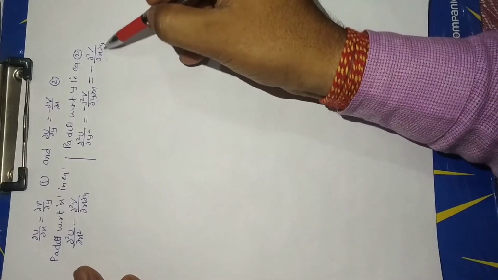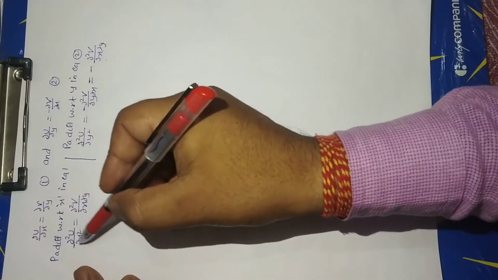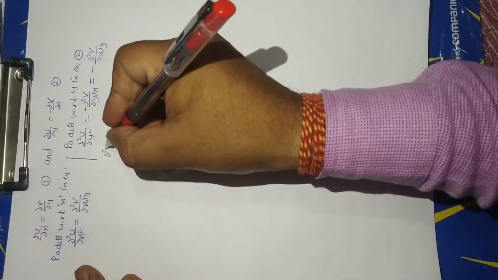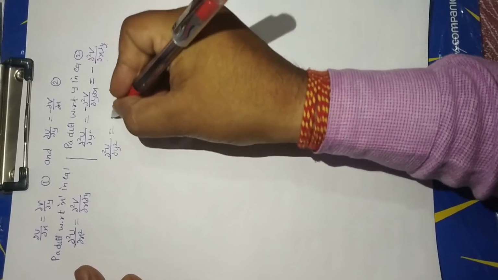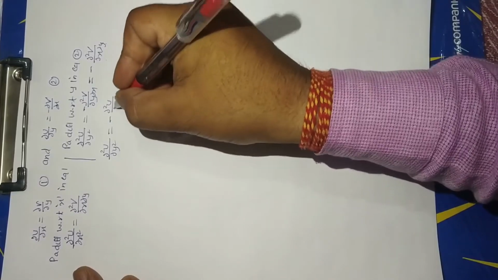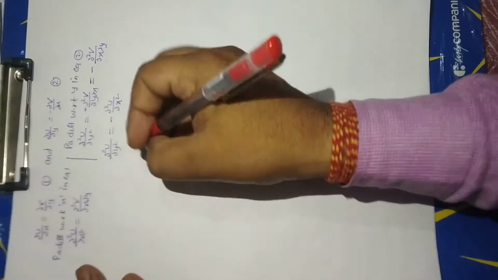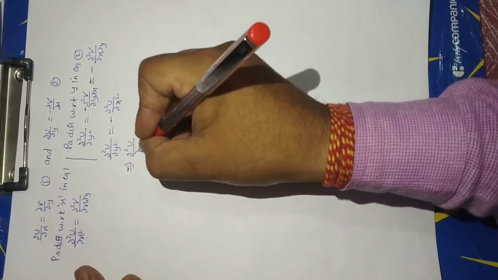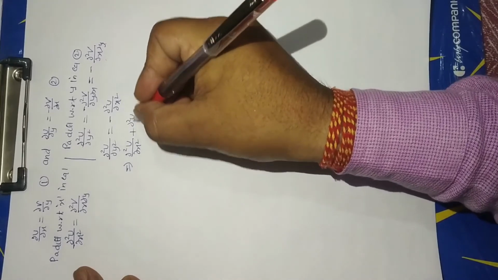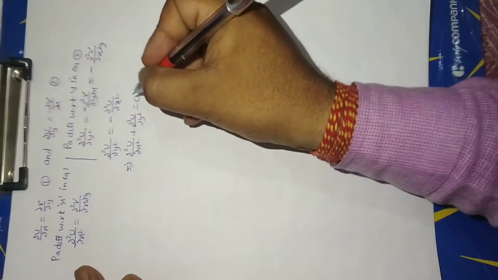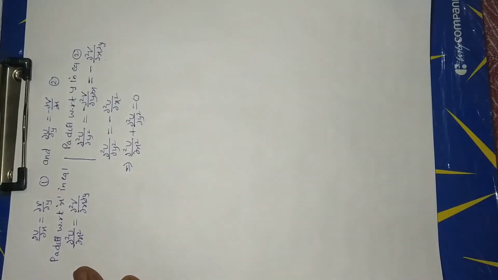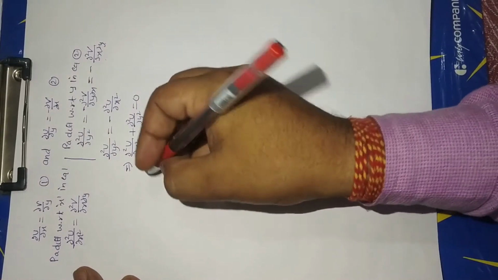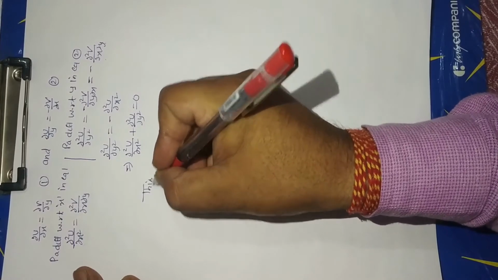Now putting the value of del 2v upon del x del y, which is equal to del 2u upon del x2, in this, del 2u upon del y2 equals minus del 2u upon del x2, which implies del 2u upon del x2 plus del 2u upon del y2 will be 0. Therefore, function u satisfies the Laplace equation.